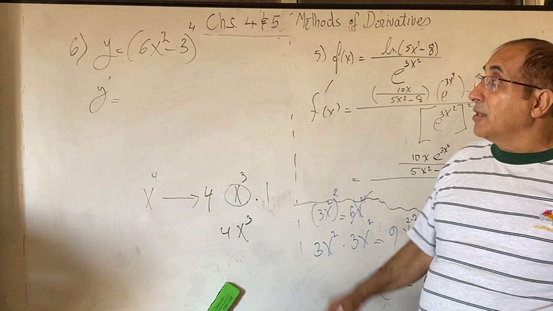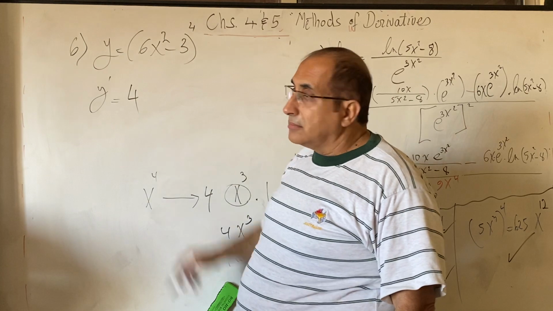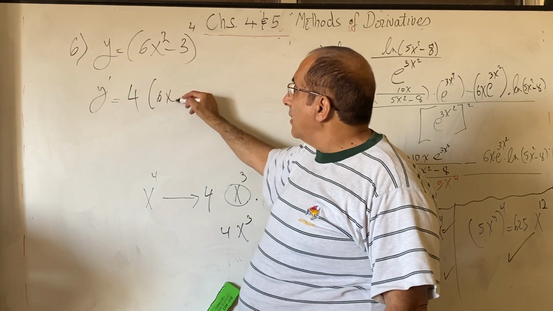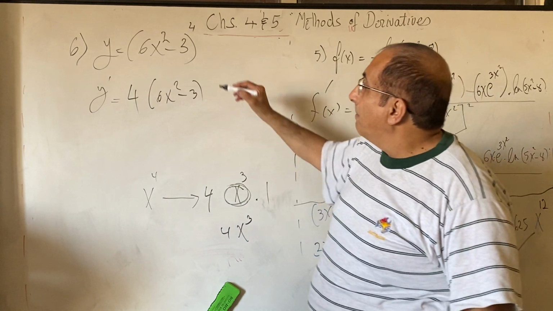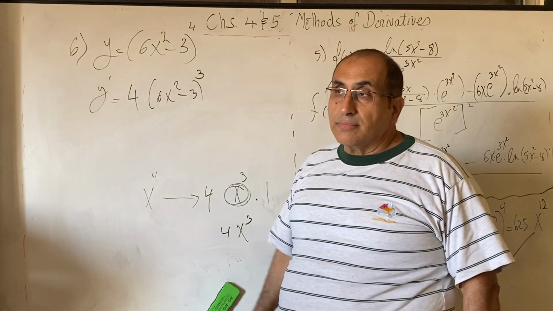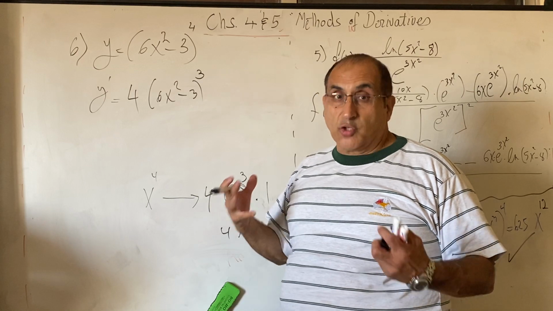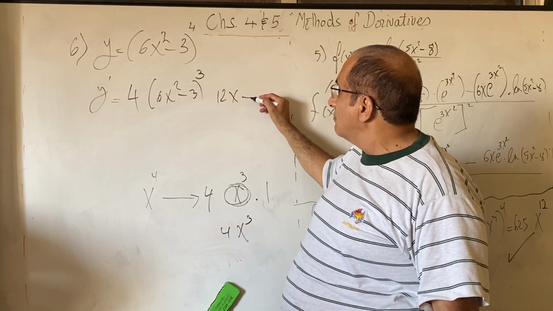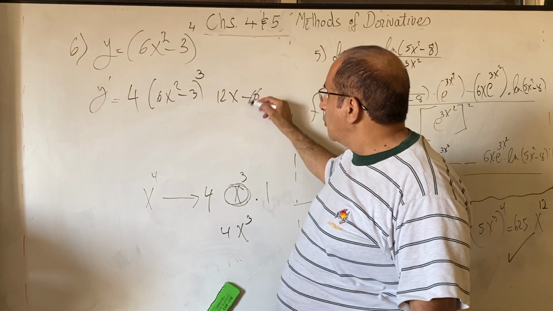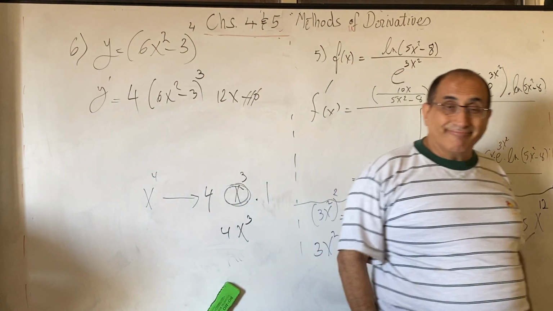Same thing in that. You bring the 4 down, whatever is inside the bracket I never change, remember? But the power will be less by 1. And the derivative inside the bracket, oh, it's worth it. So 6x squared gives 12x minus 0 actually.